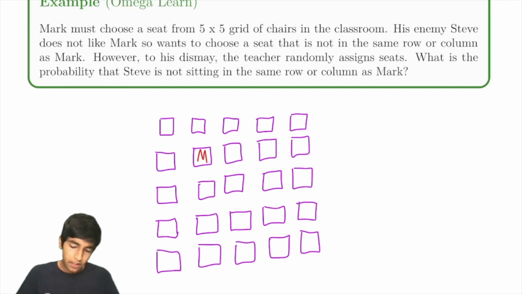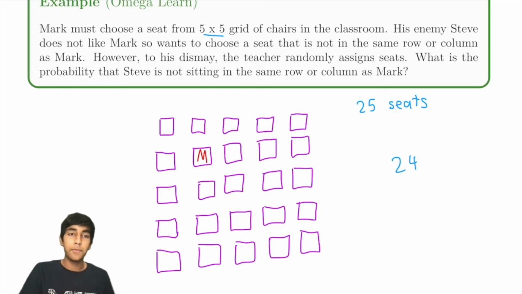Now, where can Steve sit? First of all, Steve can sit anywhere else. There's a total of 25 seats, 5 times 5. So there are 24 remaining seats for Steve to sit in. This is the total number of outcomes in the probability equation.